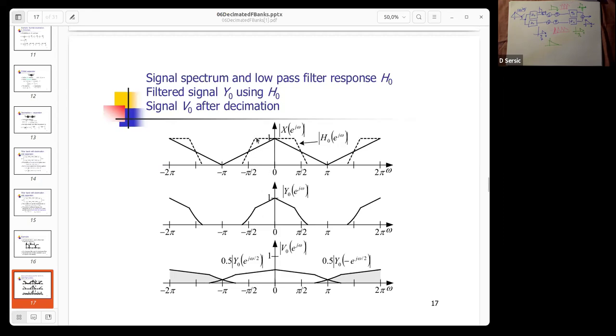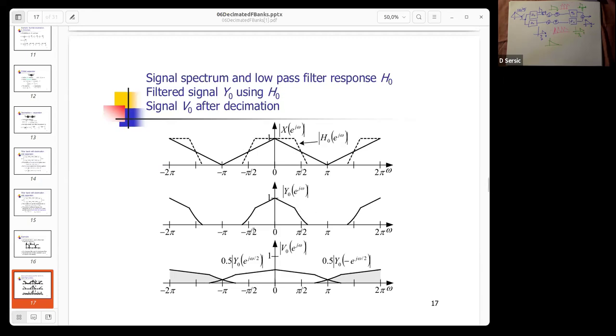And let the dashed curve represent the real low-pass filter. So what happens when it goes through? We get something like this. This part is preserved, nicely cut, but the transition area makes it a little bit messy.